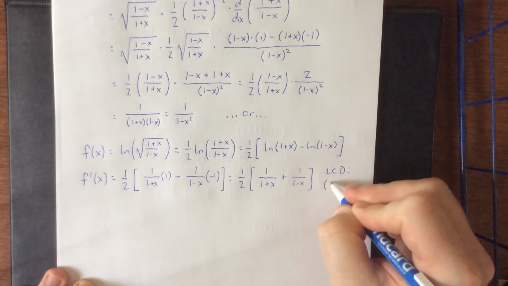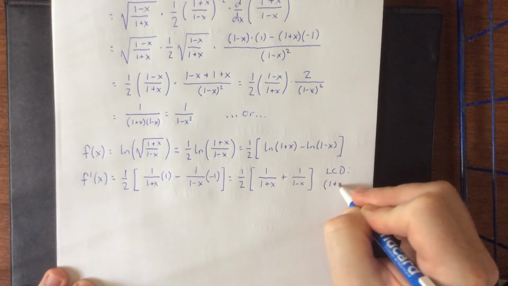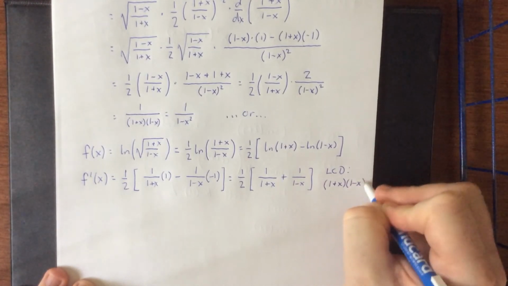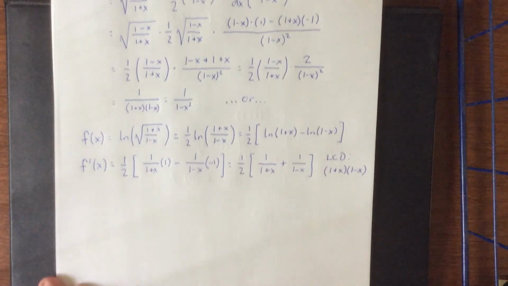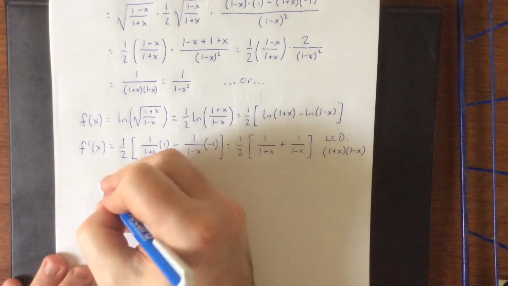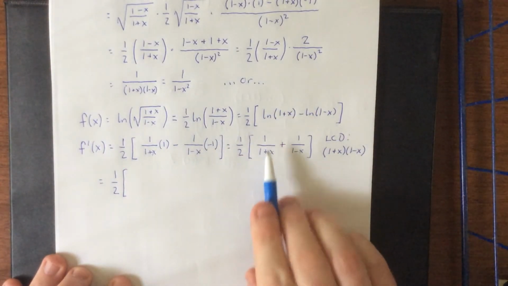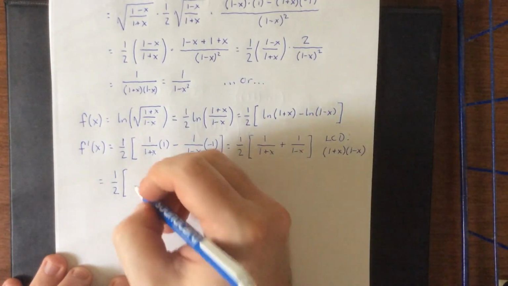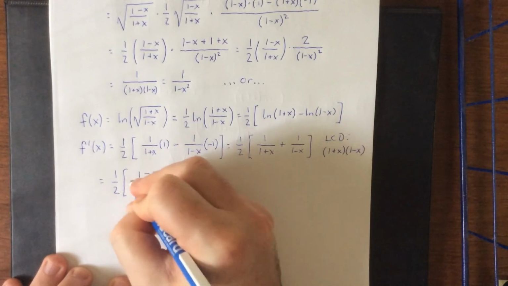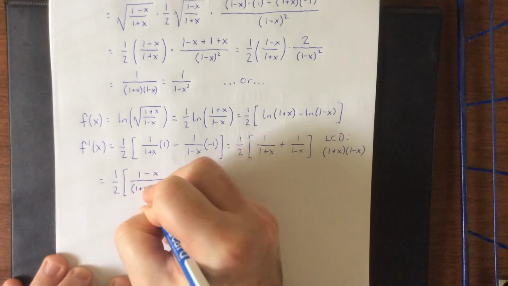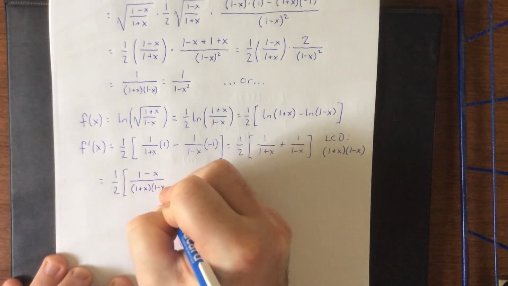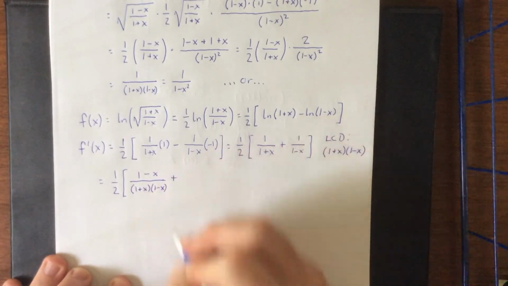So first thing I'm going to do is, since we have a fraction plus another fraction, let's establish a lowest common denominator and obtain that lowest common denominator for both of our fractions. The first fraction already has the 1 plus x, so I'm going to multiply top and bottom by 1 minus x to get our common denominator. Plus.